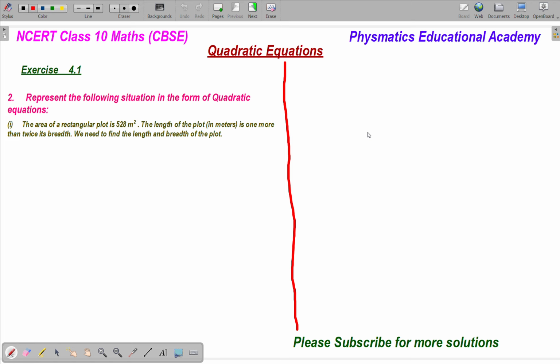This is a continuation class of quadratic equations, exercise 4.1, question number 2. Represent the following situation in the form of a quadratic equation.